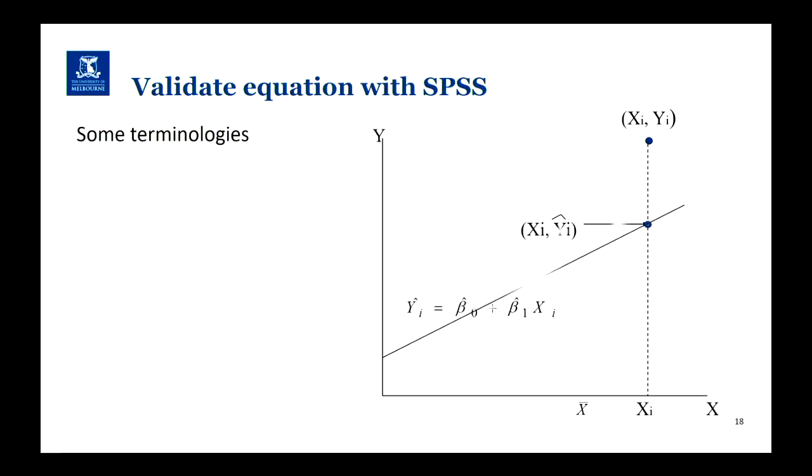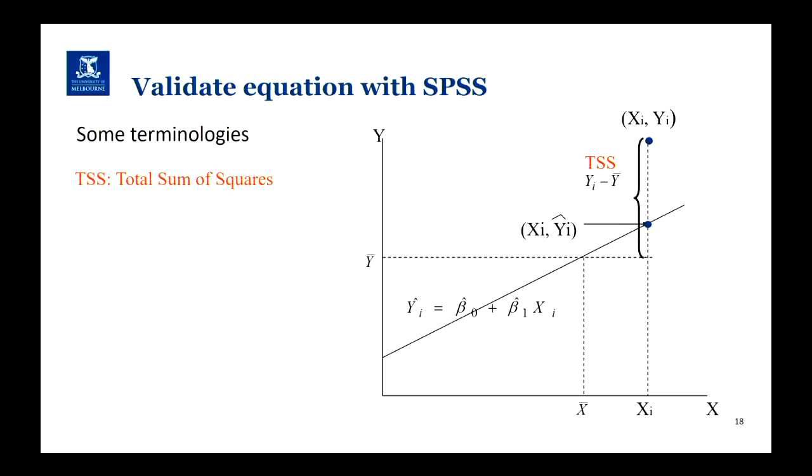Suppose we estimate the model like y hat equals beta 0 hat plus beta 1 hat times x, and this line is the estimated linear model. And here are the average, or the mean, of y and x respectively.